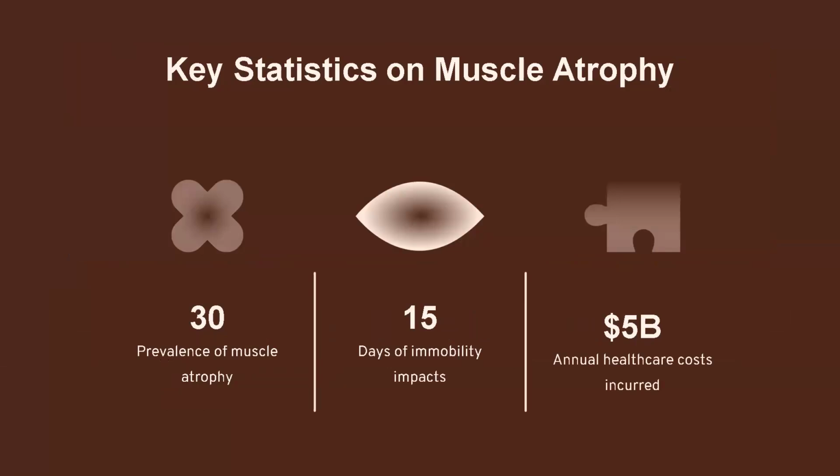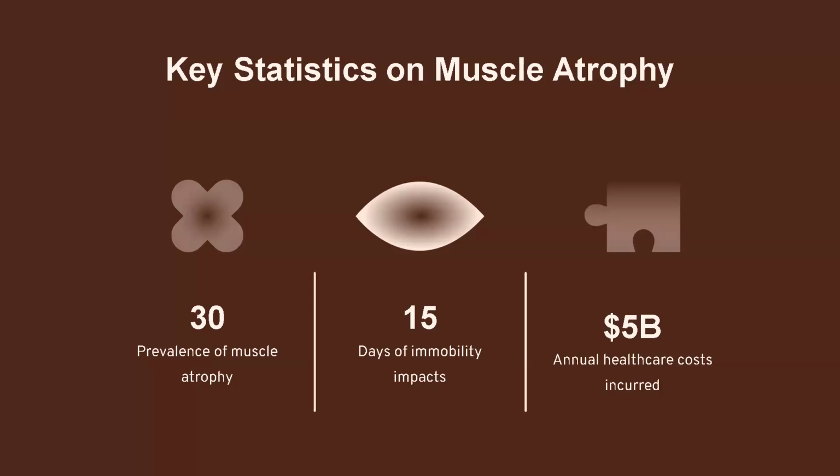Key statistics on muscle atrophy. We've got 30% prevalence of muscle atrophy. About 30% of immobile persons are prone to losing muscle, given the catabolic nature of immobilization.